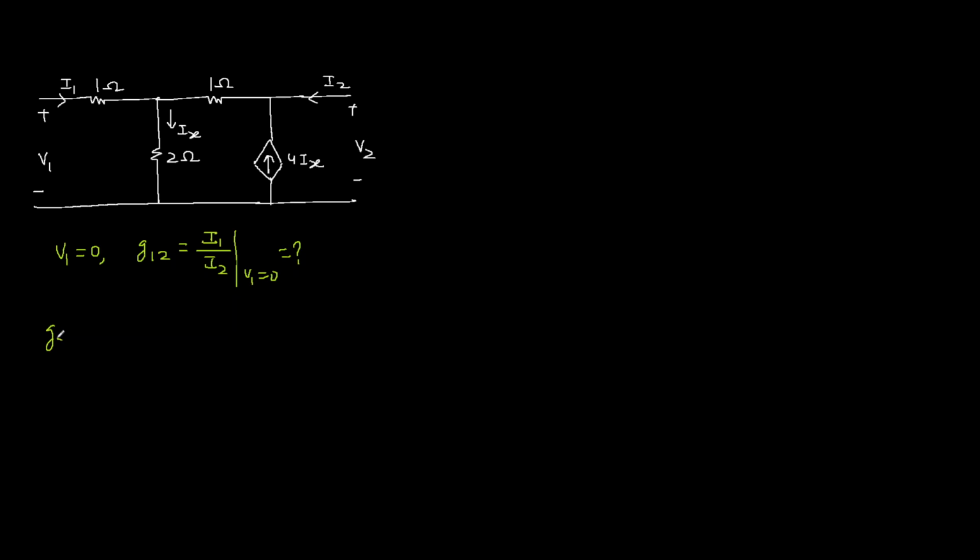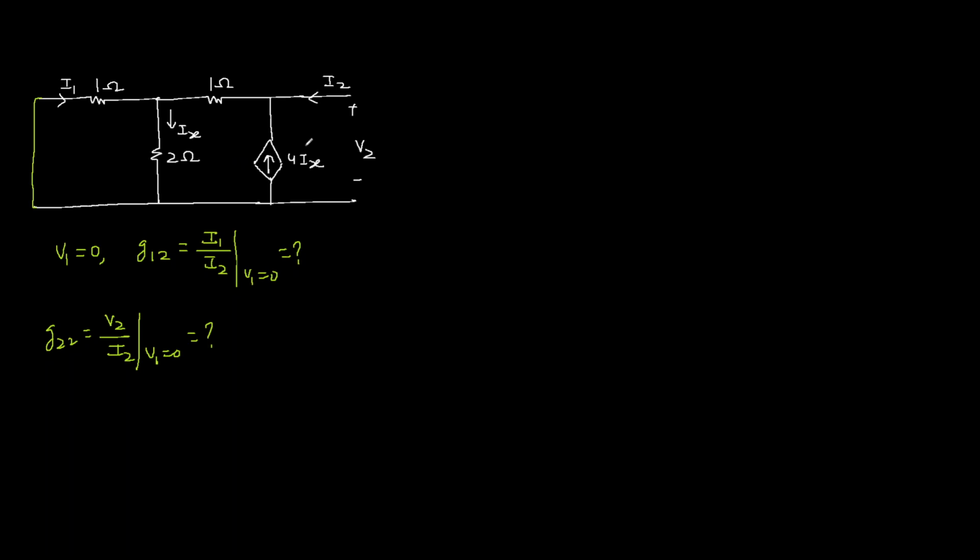And we can also find G22, which is V2 over I2 when V1 is 0. So let us make V1 0. If V1 is 0, then these two terminals are short circuited.